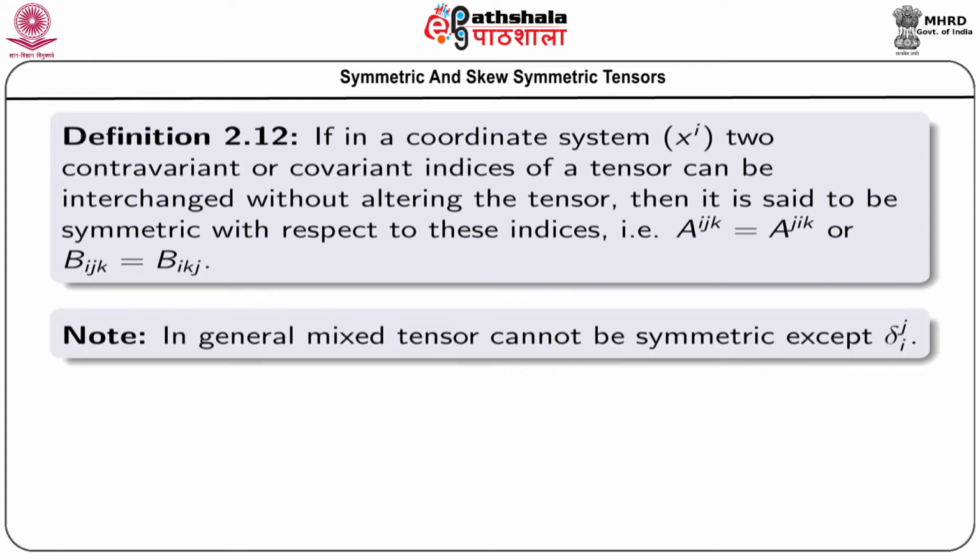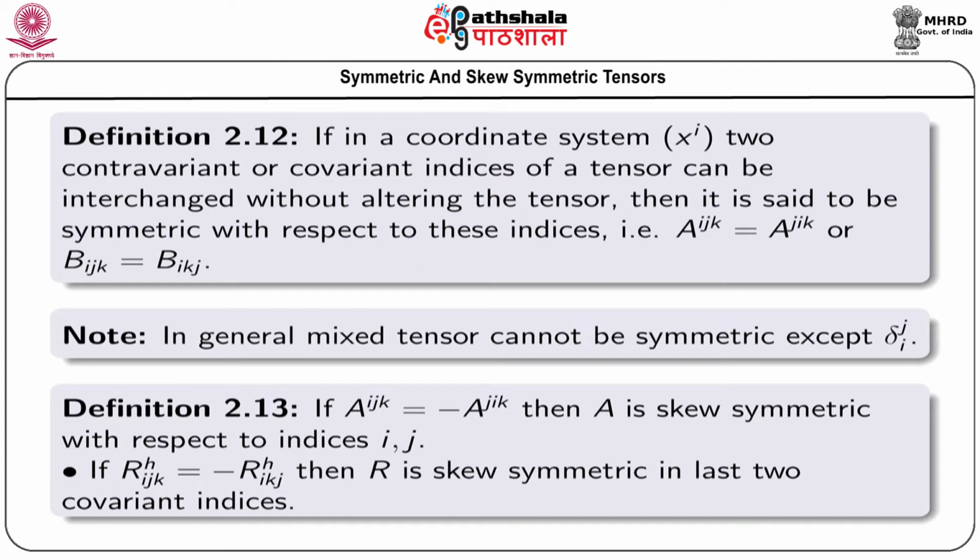In general, a mixed tensor cannot be symmetric except del ij or del ji, whatever you can say, that these are the mixed tensor of type 1 1.